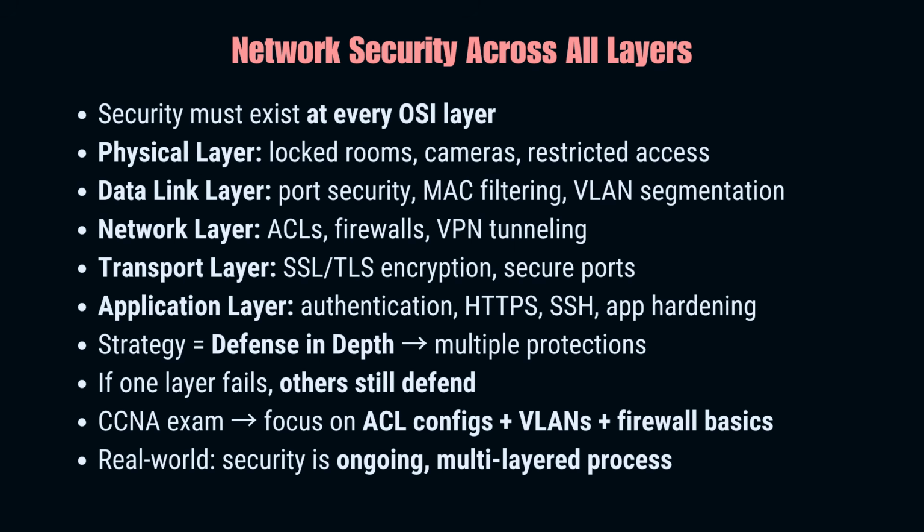Application layer security encompasses user authentication, application-specific protections, and security protocols like SSH for remote access. Defense in depth means implementing security at multiple layers, so if one fails, others provide protection. Just remember, no single security measure is sufficient.